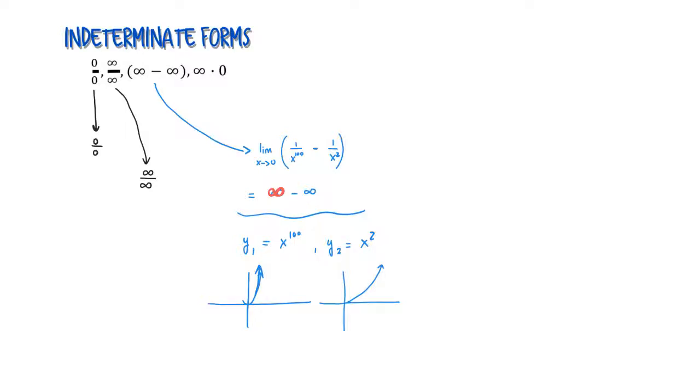If, on the other hand, instead of having x to the 100, you had x to the third, x cubed, then maybe those infinities would be very close together, and you may wonder if the result would become 0. Who knows?